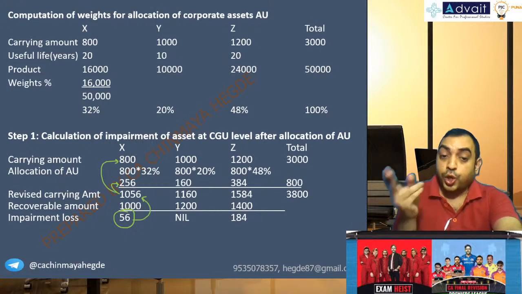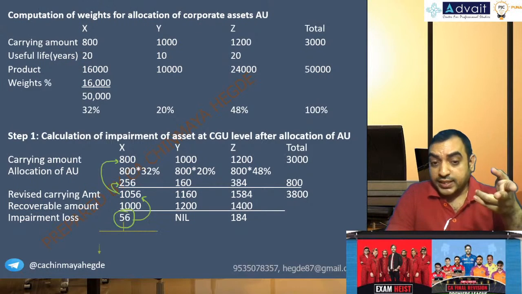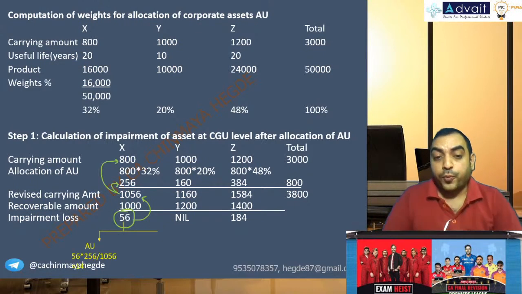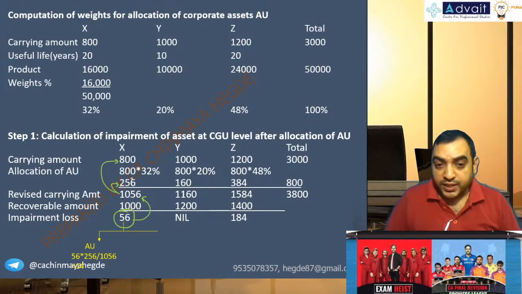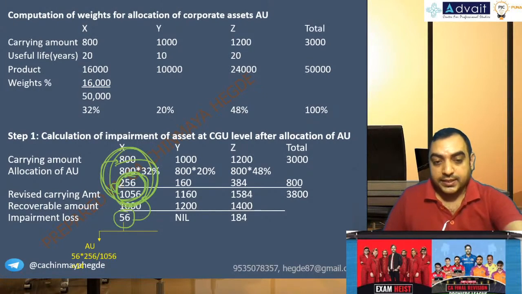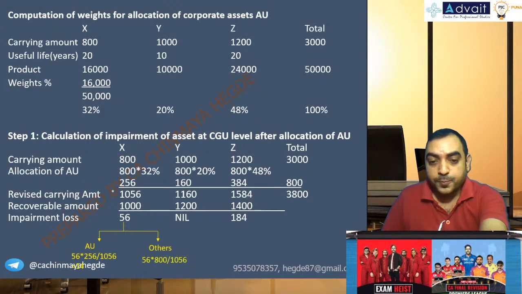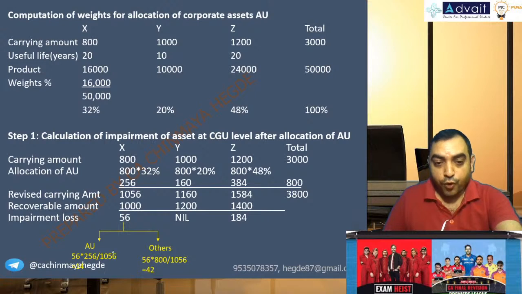So 56 also should be allocated among X unit's assets and AU proportionately. How much? 56 by 256 by 1056 and 800 by 1056. In that proportion you have to allocate. You will get 42 and 14, 14 and 42.